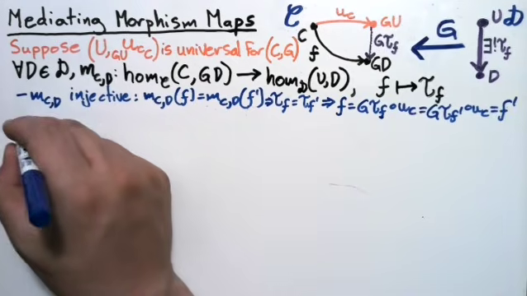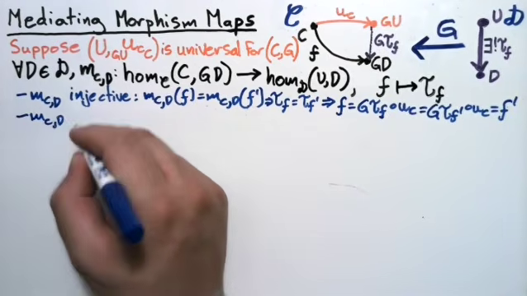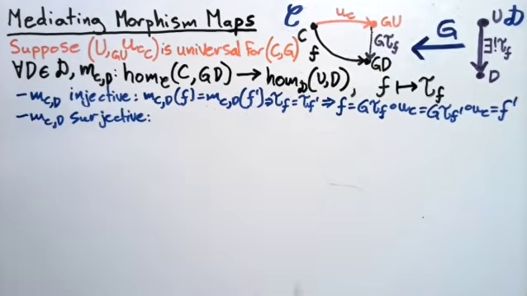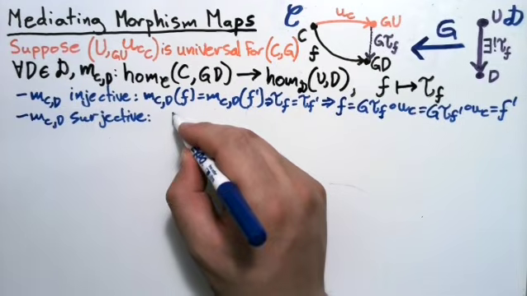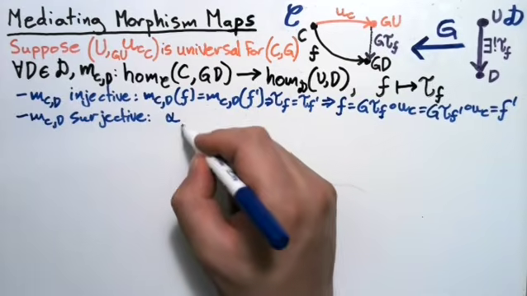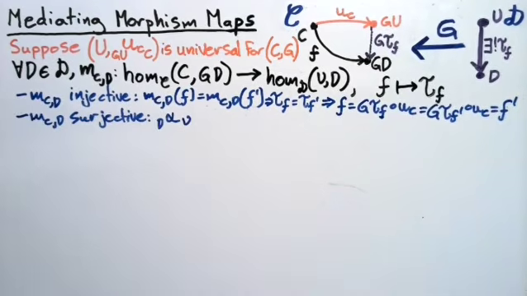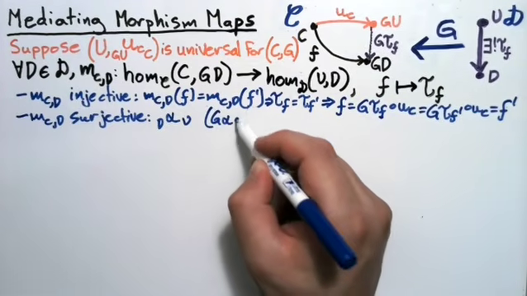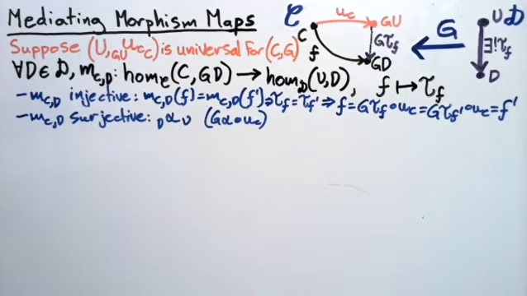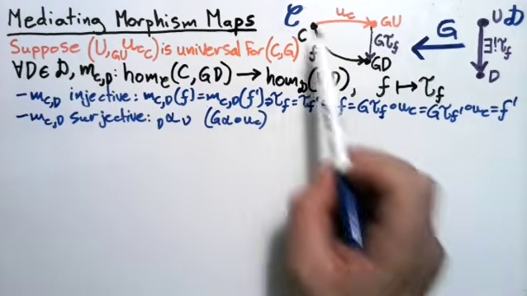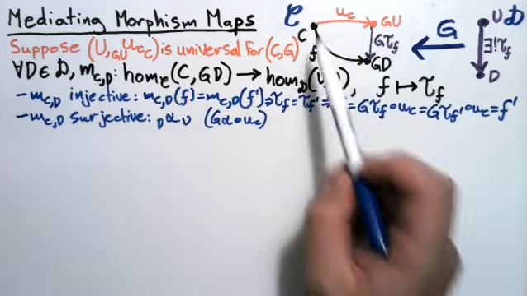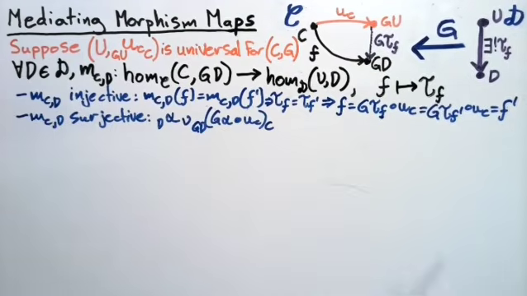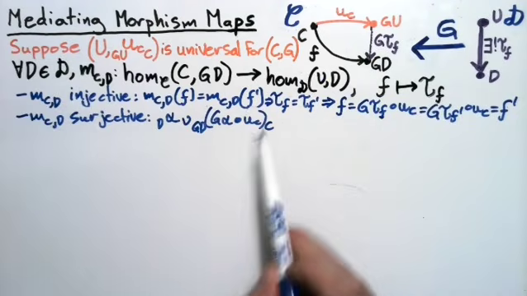But at the same time, MCD is also surjective. Why? Well, if we take any element of the codomain, say alpha going from U into D here, then if we take the morphism G of alpha after UC, imagine this is just alpha, not tau of F, it's this morphism here, which goes from C into GD. But then the universal property applies to this morphism here, right?